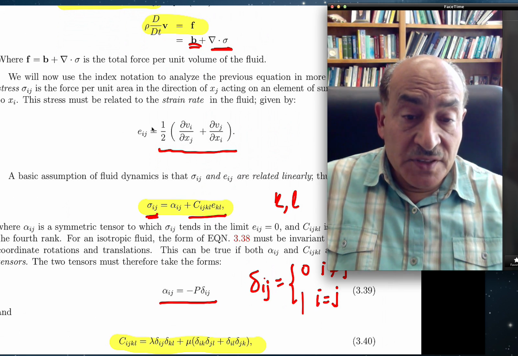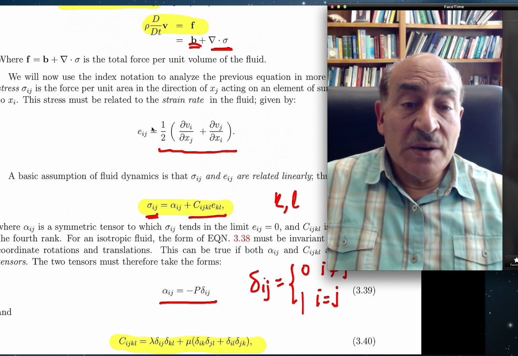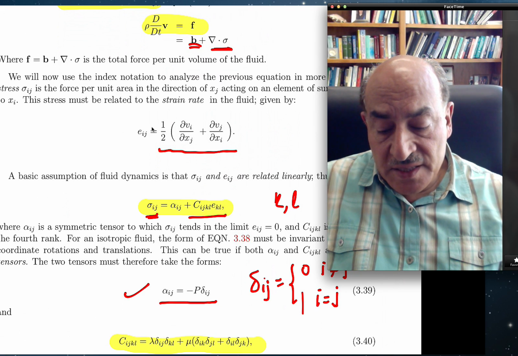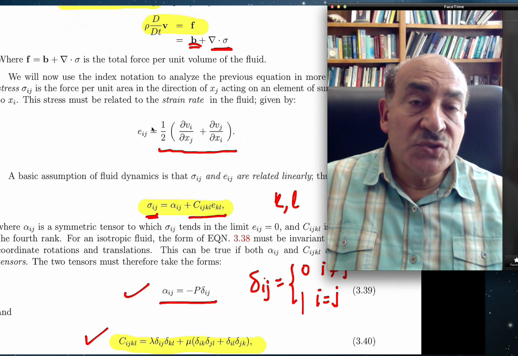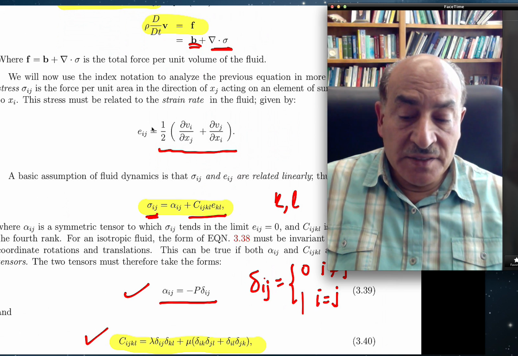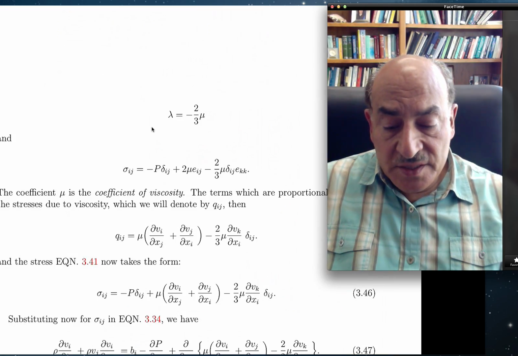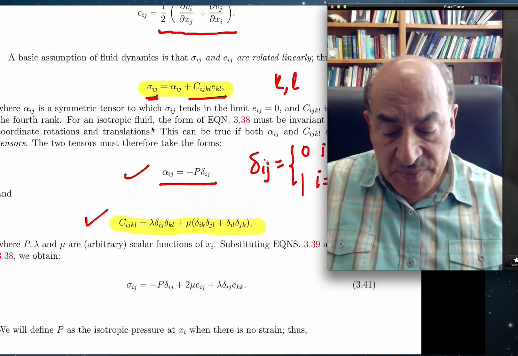So these are the forms that we have to accept for an isotropic second order tensor, which is this, and a fourth order tensor, which is that, if they are invariant to rotations and translations.